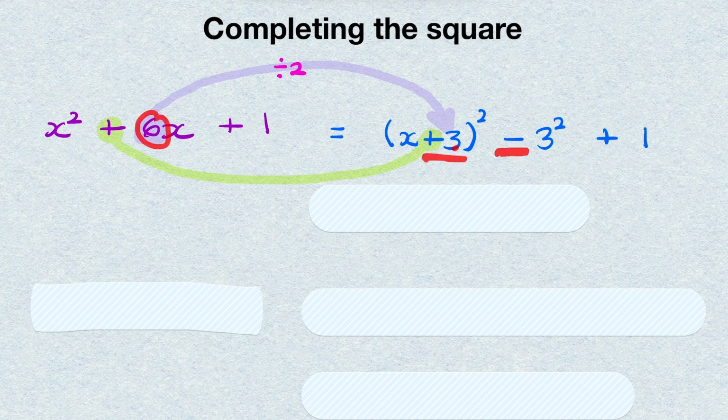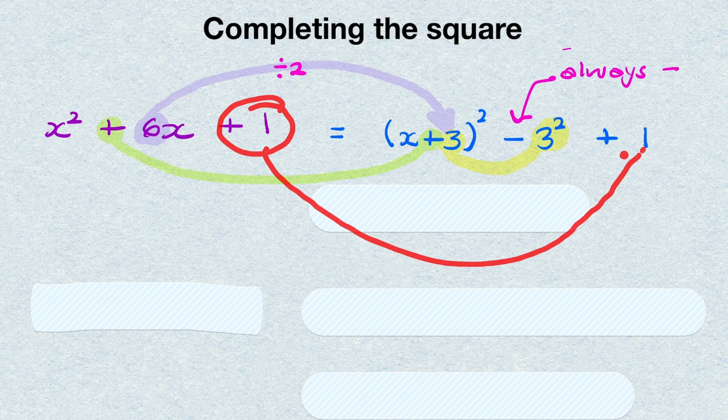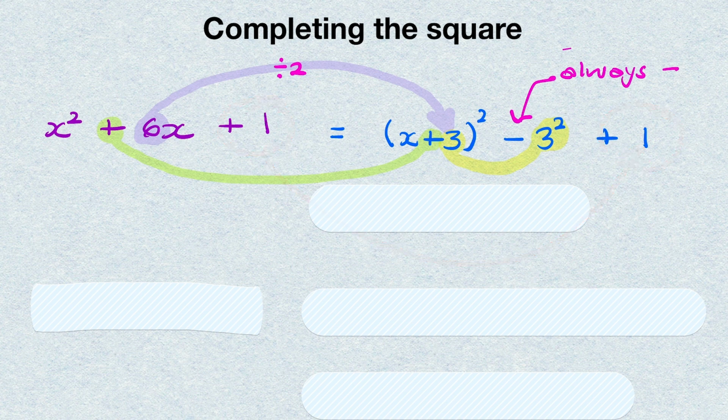Then you subtract that same number squared. So I'm subtracting 3 squared. So it's always a negative sign. And then finally, whatever number you had there, you leave that the way it was.